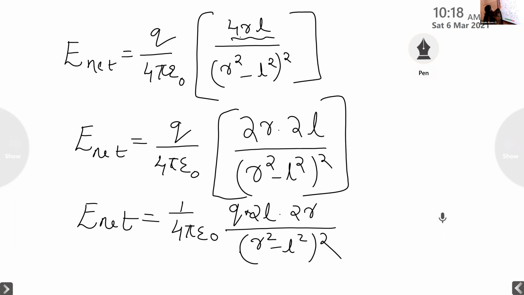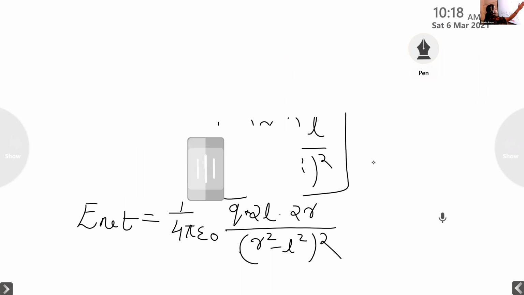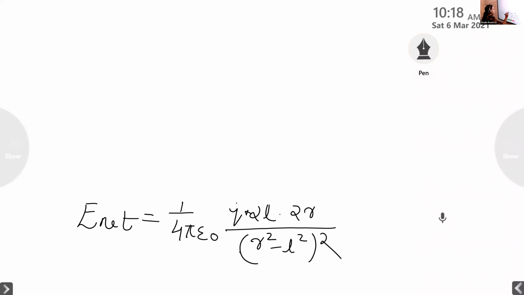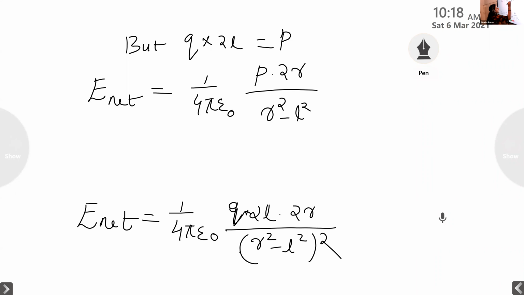It is our dipole moment, so we can replace that term with the dipole moment P. Q into 2L is equal to the dipole moment P. So our equation becomes: the net electric field is equal to 1 by 4 pi epsilon 0, P into 2R divided by R square minus L square the whole square. Clear?